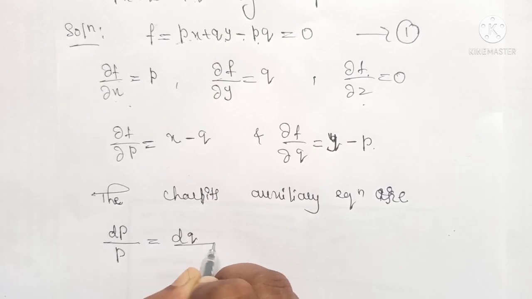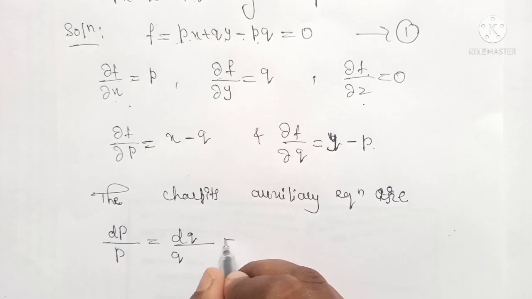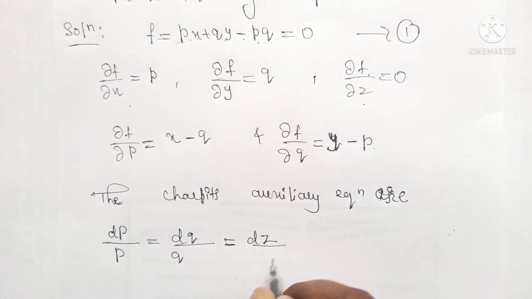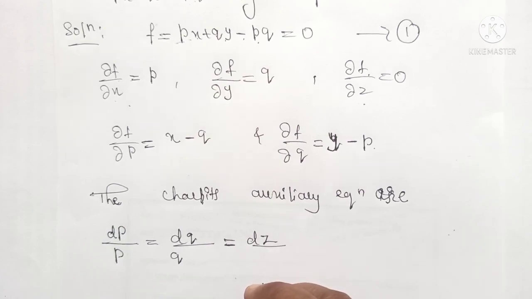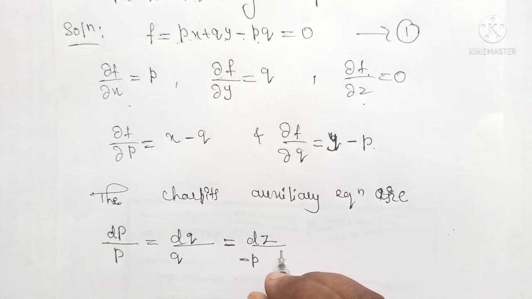Similarly, dq divided by ∂f/∂y, which is q, plus ∂f/∂z equals 0, and dz divided by minus p ∂f/∂p.